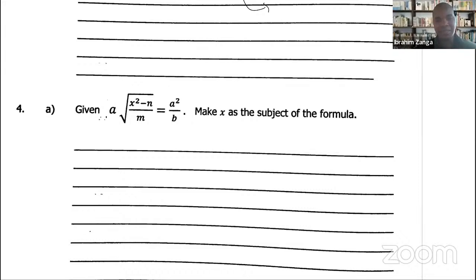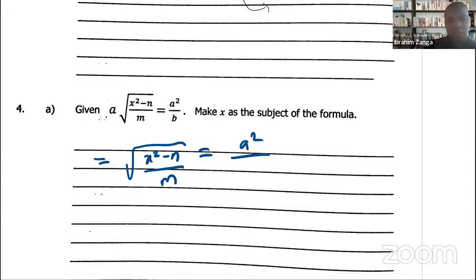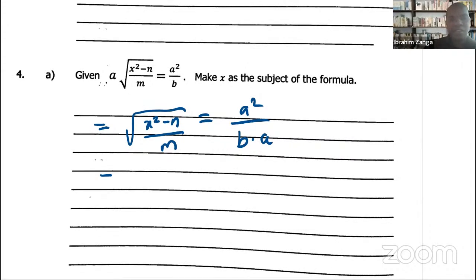Make x the subject of the formula. From this one, we are going to say this is equal to the square root of x squared minus n over m equals a squared over b times a. You simplify further, and it implies that the square root of x squared minus n over m equals a over b.